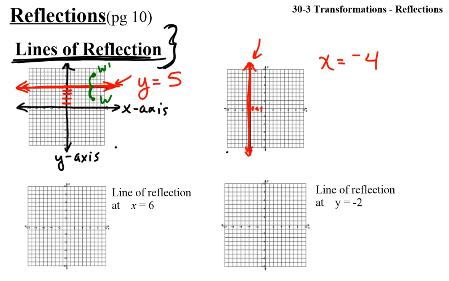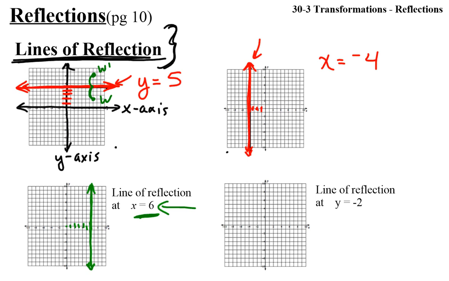So what we're looking at in this first one, it says the line of reflection is at x equal to 6. Well, we start at the origin, x equal positive 6 tells us to move 6 to the right. So there's where x equals 6. So there's where our line of reflection would be. Whatever we had for an object, that's the line of reflection we would want to flip over and have our object and image equidistant from.